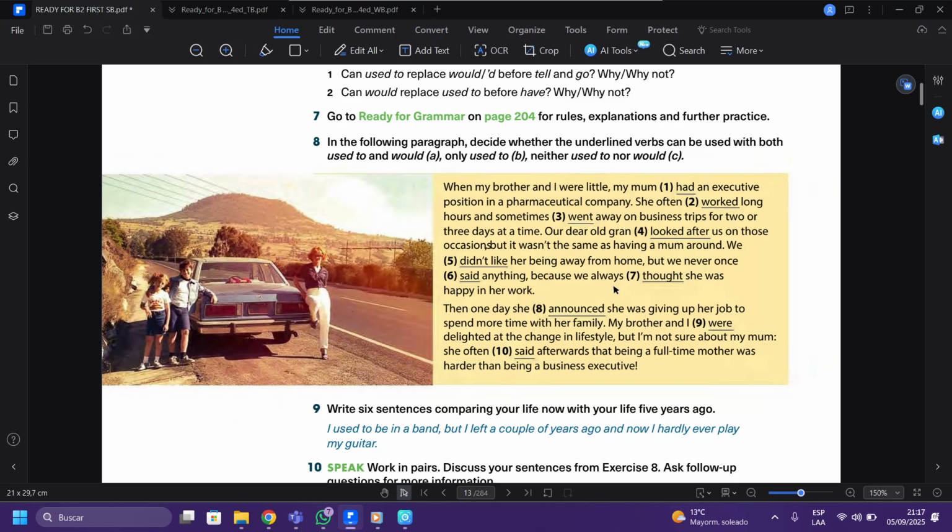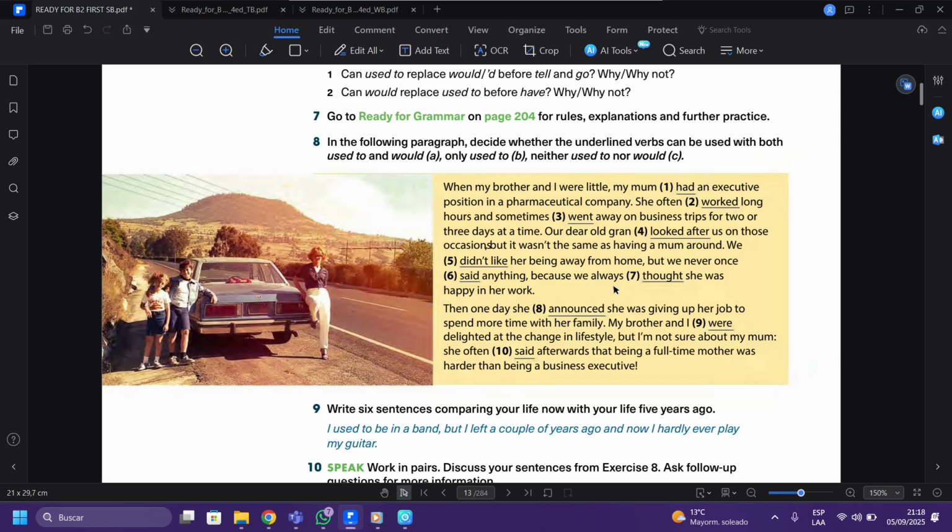My brother and I were delighted. Number 9. We can say I used to be delighted, or I would be delighted, to refer to a past habit. Or any of them. Yes, we were delighted.